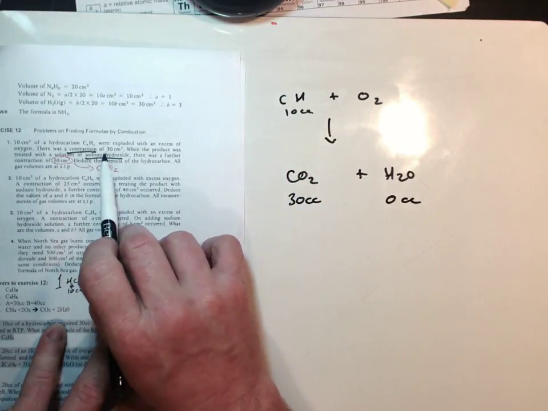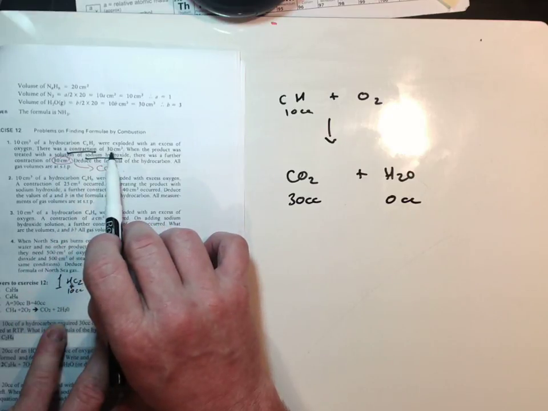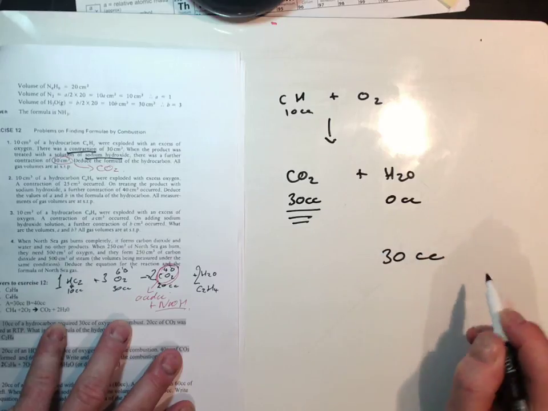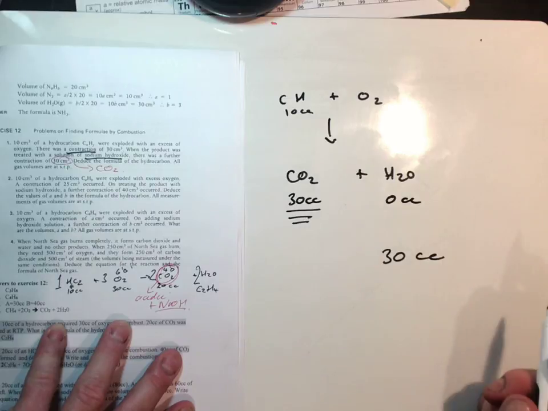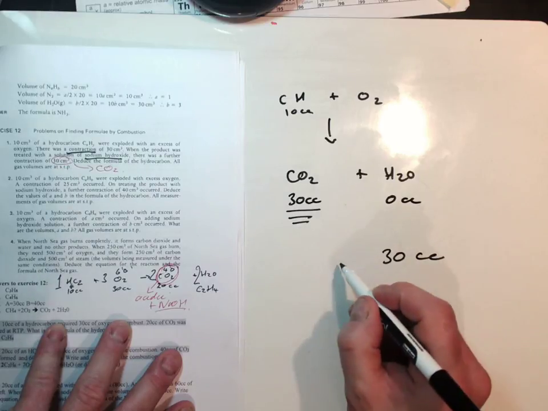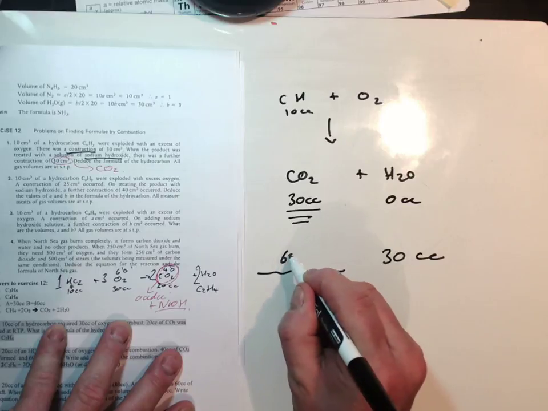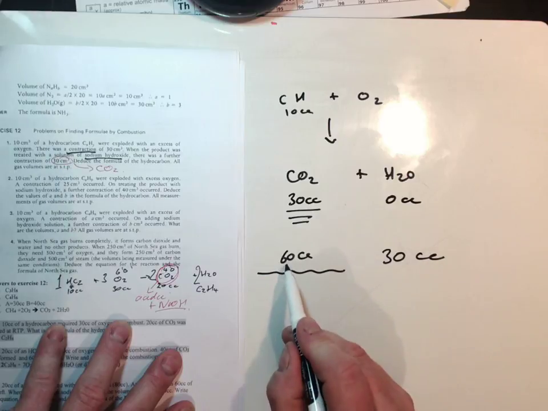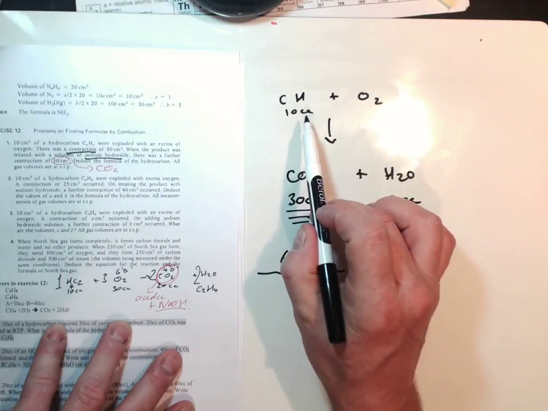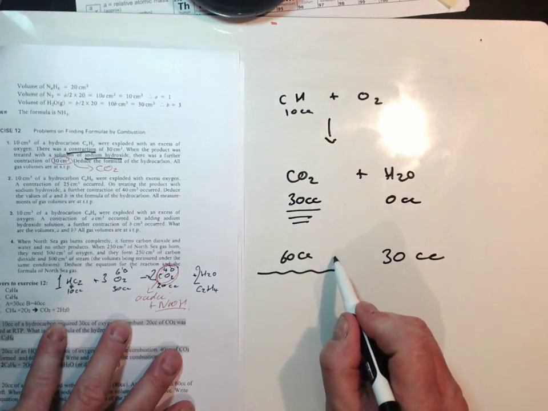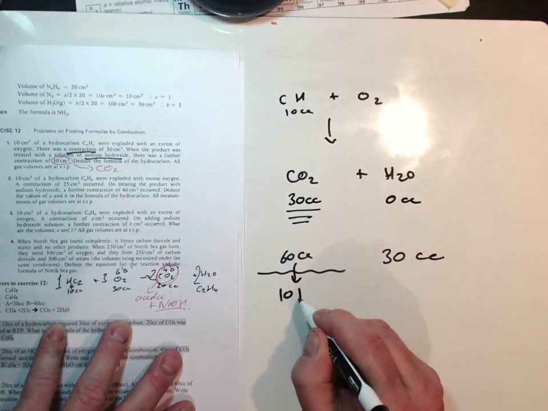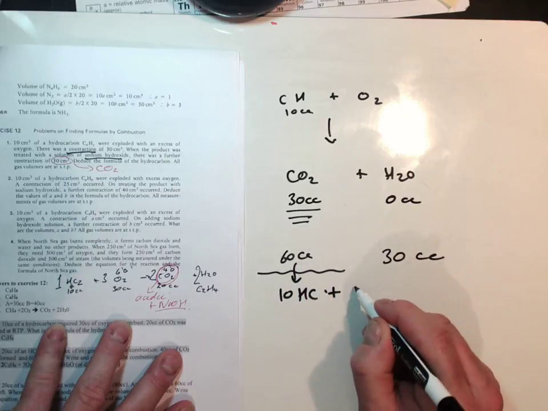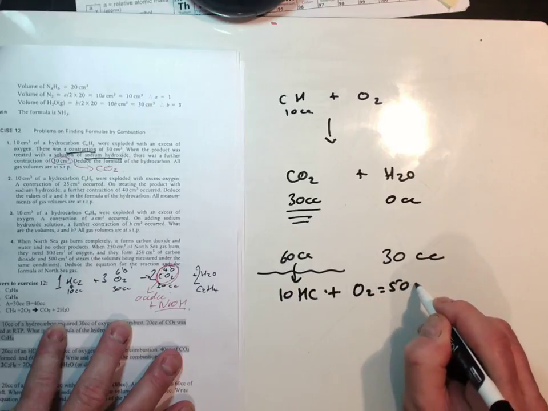So it tells us, and this is important here, it tells us there was a contraction of 30. Right, now, we made 30, okay? There was a contraction of 30, so therefore our original volume must have been a total of 60, okay? Now, 10 of that we know was our hydrocarbon, so we must have had originally, I'll just write down that, 10 must have been our hydrocarbon, so therefore the other 50 that's missing here must have been our oxygen, must have been 50 cc.